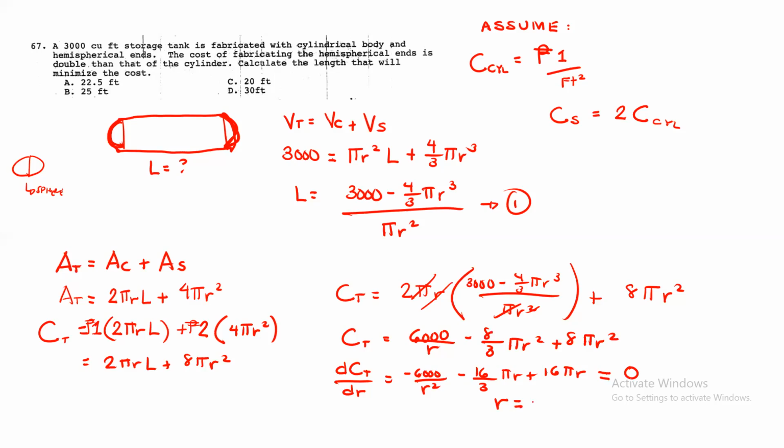So ang radius natin is equal to, so shift solve nyo to, makukuha nyo yung radius dyan is 5.636. Then itong 5.636, substitute natin sa ating formula ng length.